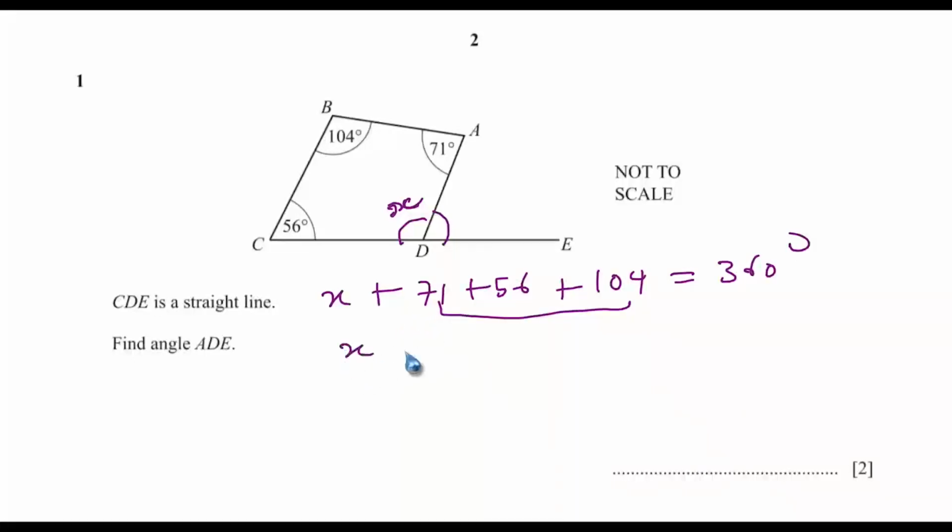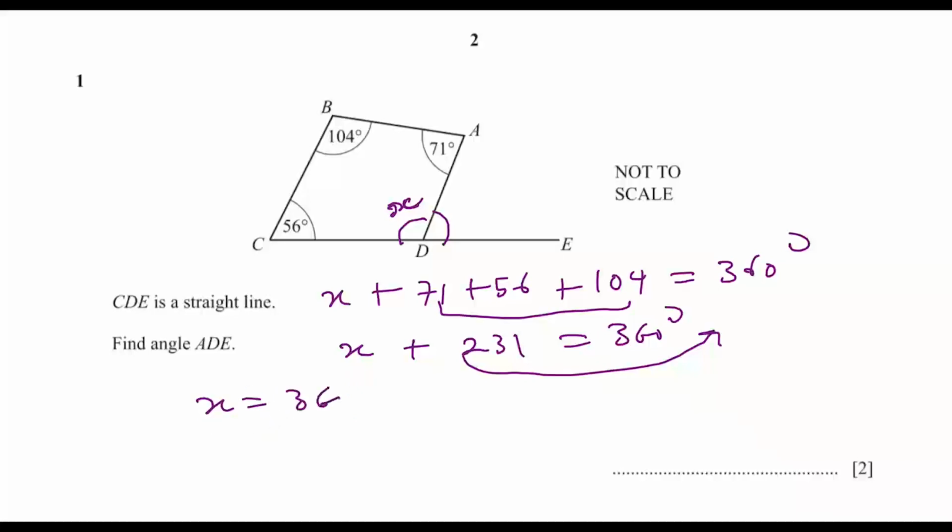So you can have X, add 231 to be equals to 360 degrees. If you collect like terms, 231 goes to the right hand side and becomes negative. So X equals 360 degrees, subtract 231, then X is equals to 129 degrees. So the value of this angle is 129 degrees.